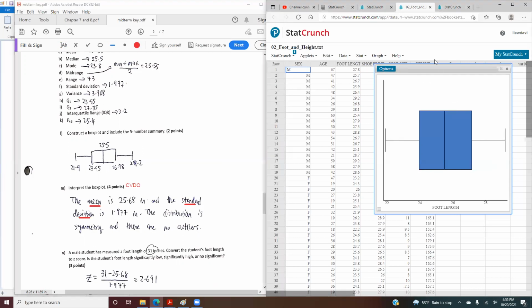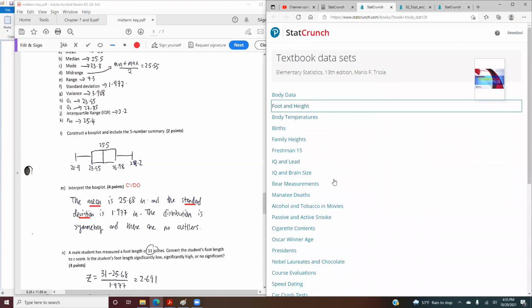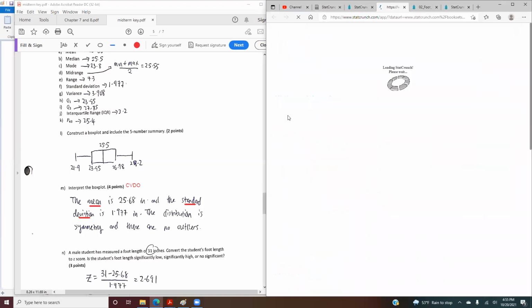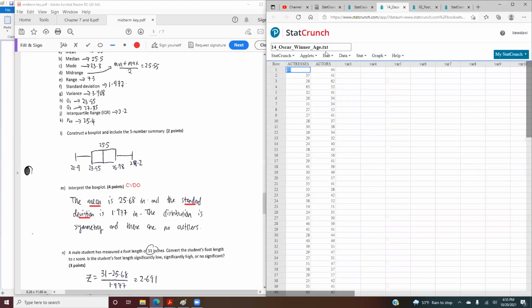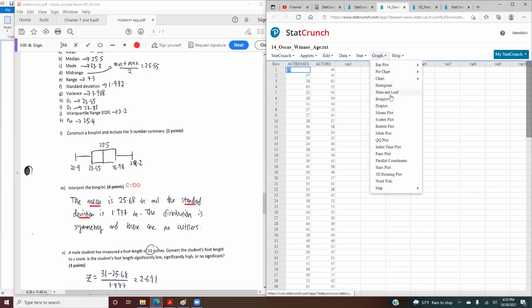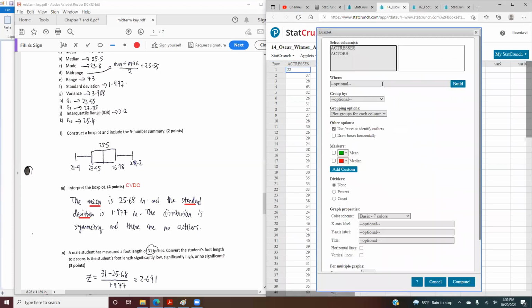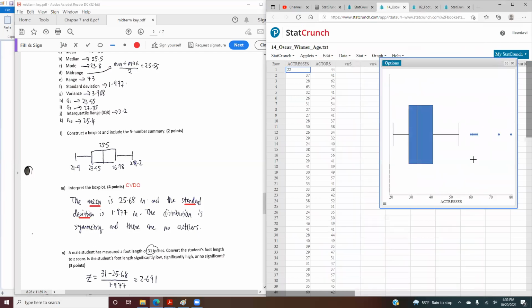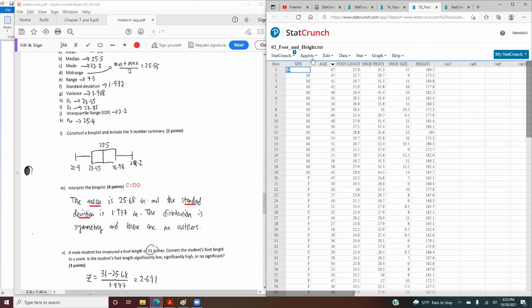Remember when we did the Oscar question, the actress one? Those were outliers, that's why we highlighted them. But we don't have an outlier in this case, so you don't need to highlight anything.